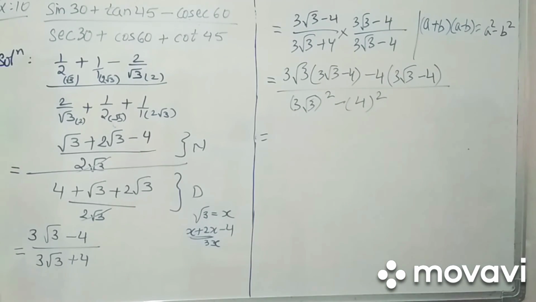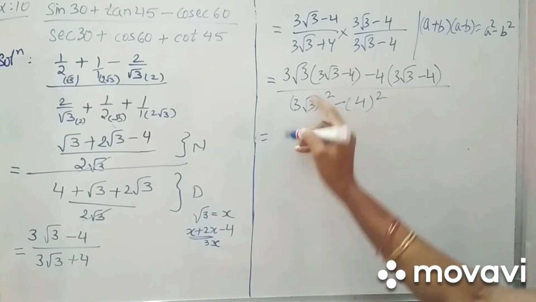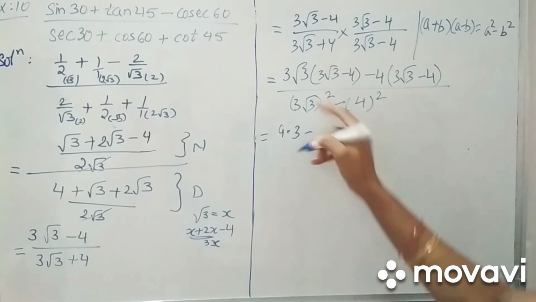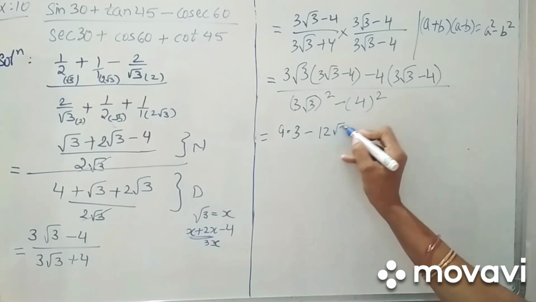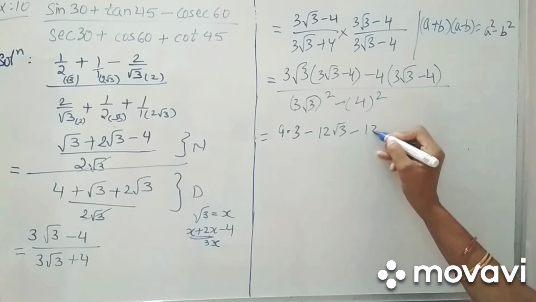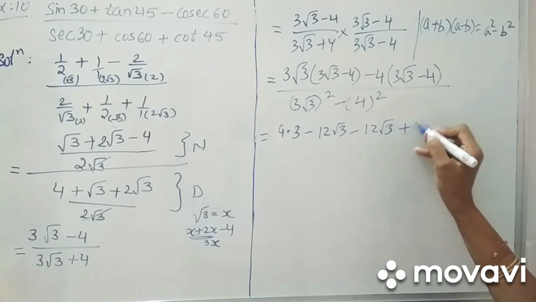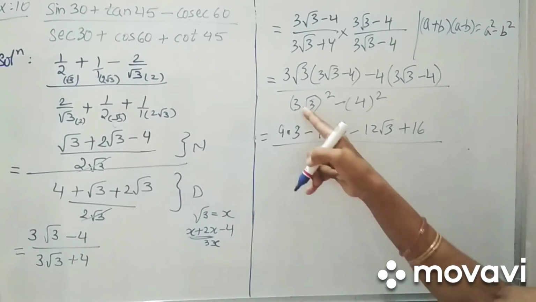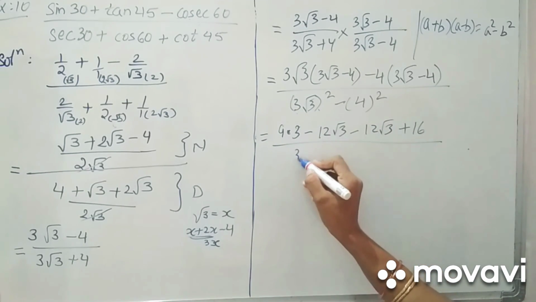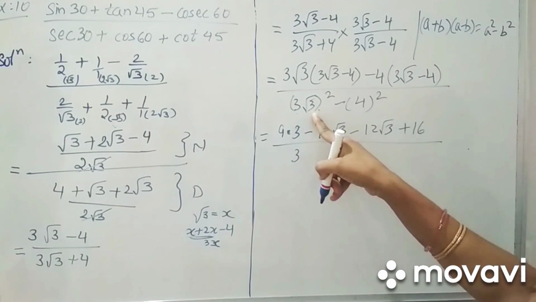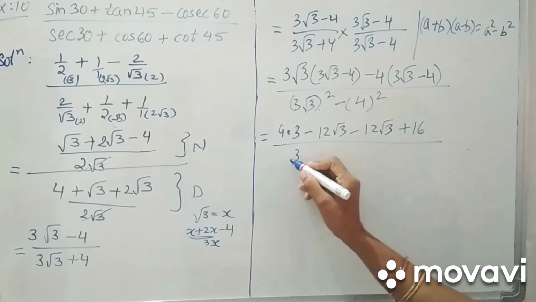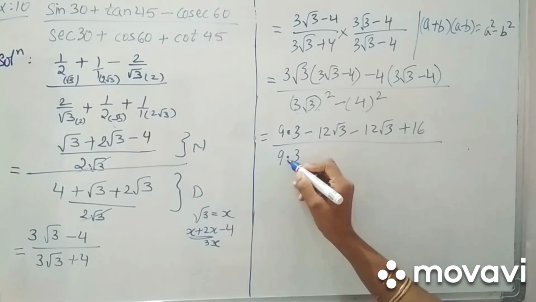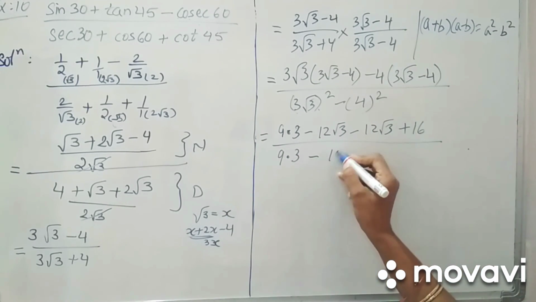Open the bracket and write: 3 3s are 9 and root 3 into root 3, so 9 into 3, minus 3 4s are 12 root 3, minus 4 3s are 12 root 3, minus into minus plus 16, upon the square of 3 root 3, which is 9 into 3, minus the square of 4, which is 16.